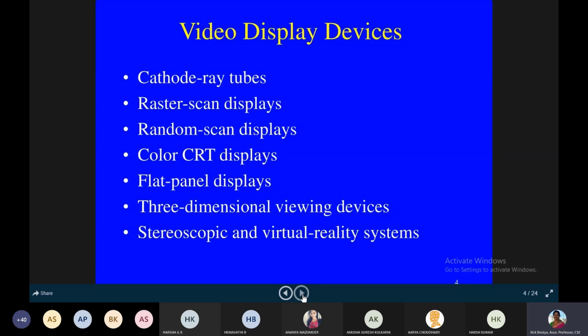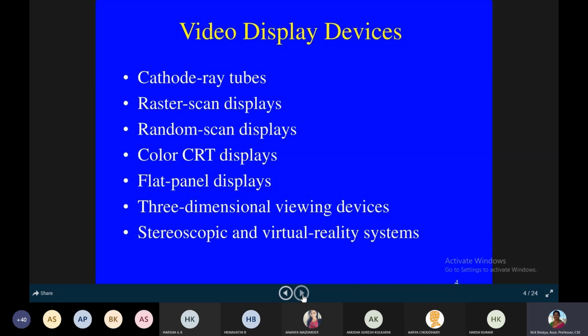Now in the overview of the graphic system, let us discuss the different types of video display devices. That is cathode ray tubes, along with raster scan systems and random scan systems.